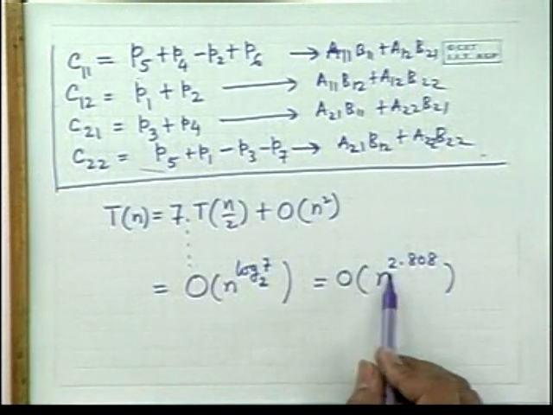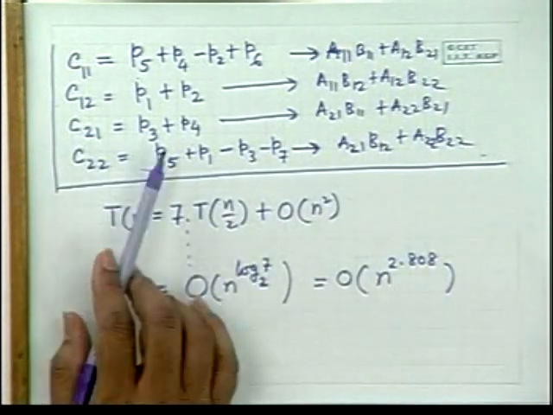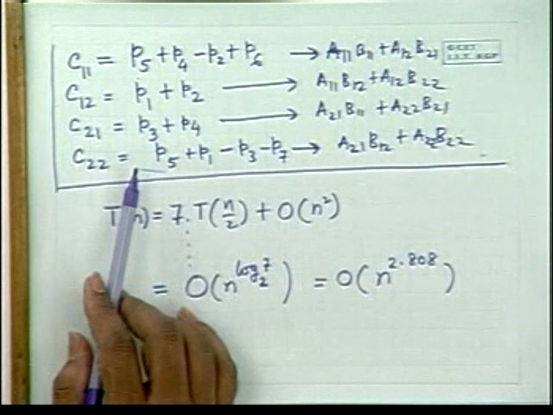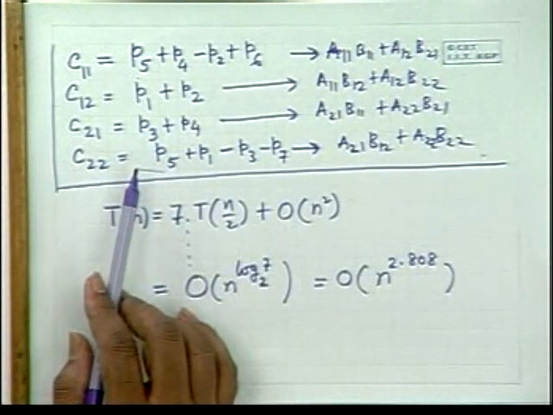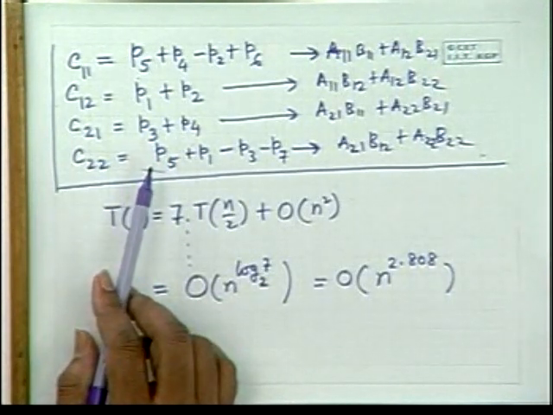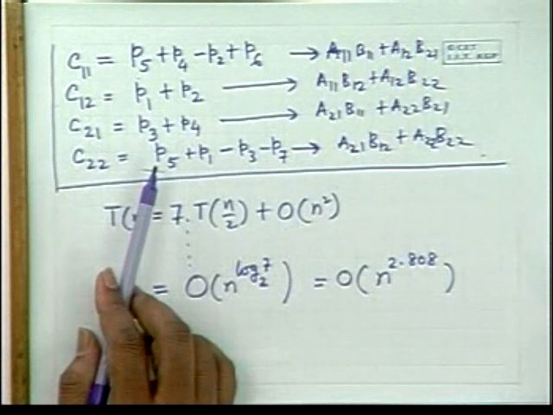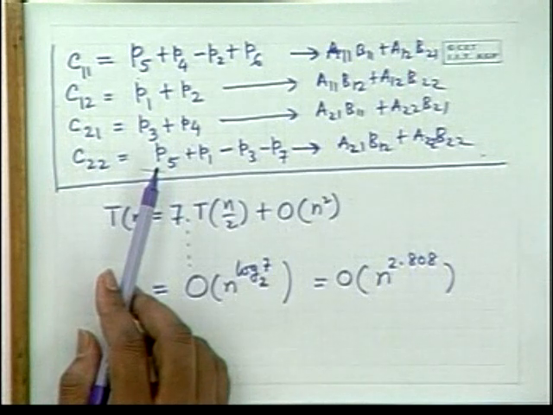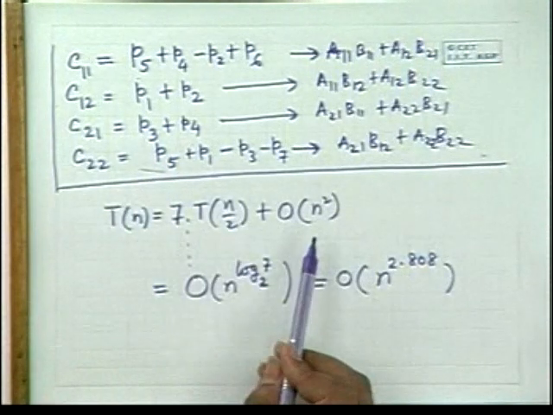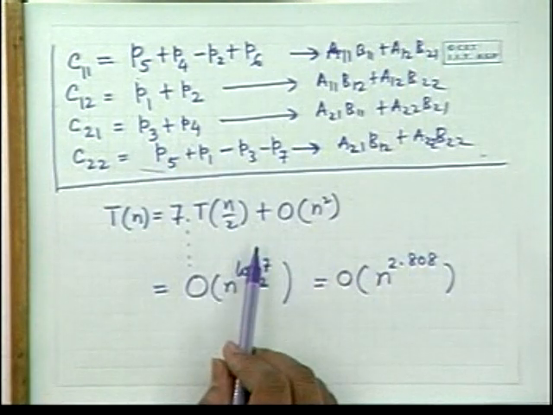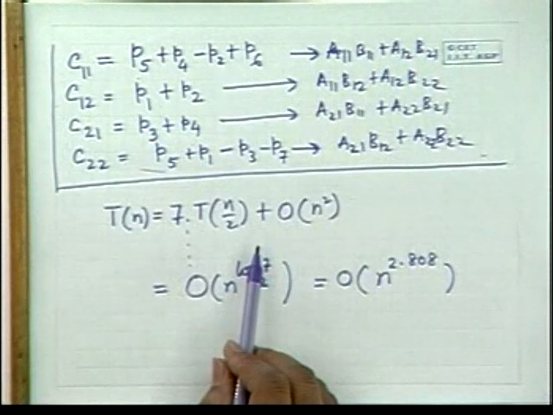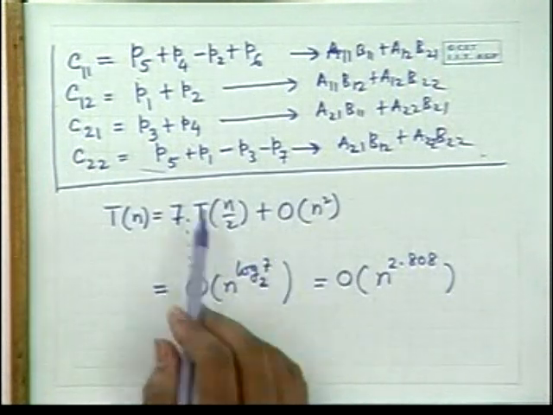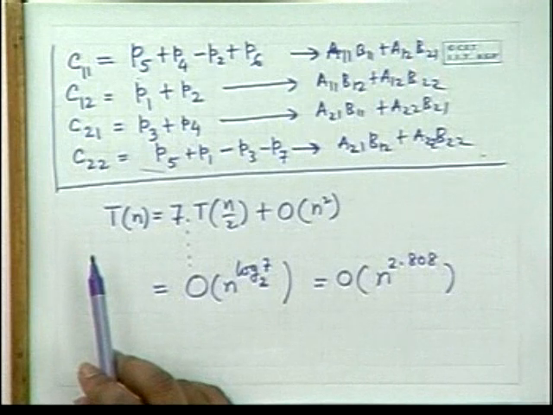So the difference is not that much at all. But this is a little bit complicated because you have to do recursive calls. And recursive calls have overheads on the computer. The system will take up some time for recursive calls because the system maintains a recursive stack. And with that maintenance, in the practical sense, it will not improve the running time of your code if you do Strassen's multiplication.